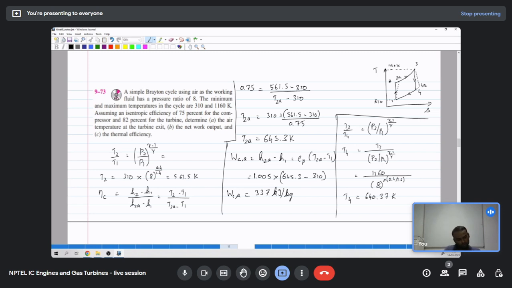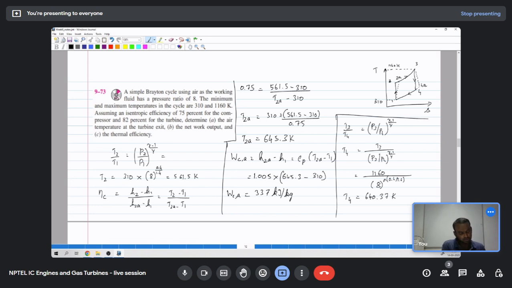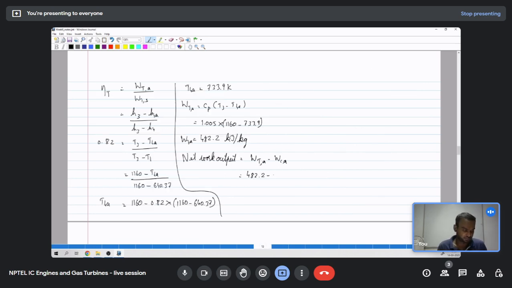For the net work output, it is equal to WTA minus WCA. WTA is 482.2 and WCA is 337.